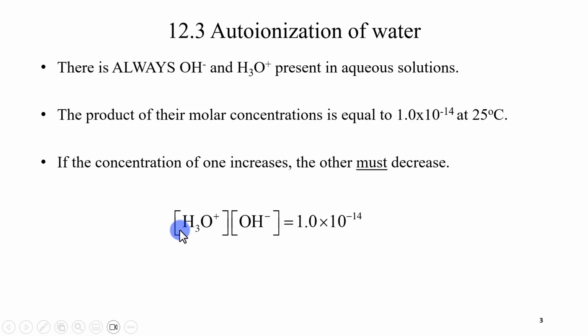So if the concentration of H3O plus increases, the OH minus concentration has to decrease for the product to still be constant. Vice versa, if OH minus increases, H3O plus has to decrease. So if the concentration of one increases, the other must decrease to keep this number constant.